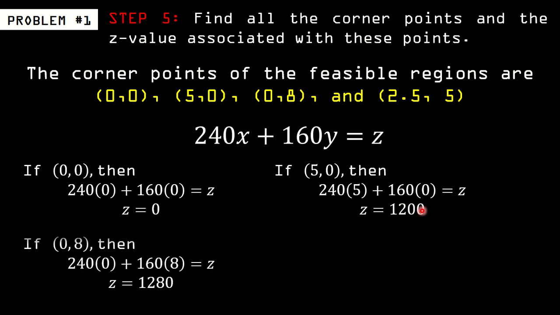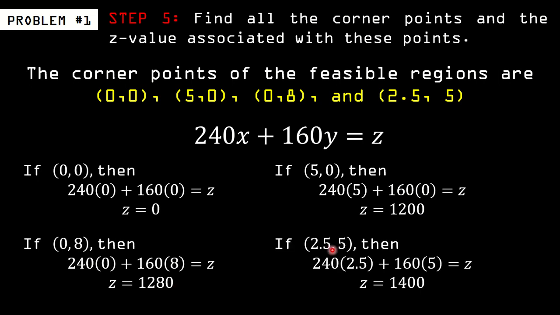The next is (0, 8): 240 times 0 plus 160 times 8 is 1,280. And lastly, for (2.5, 5): 240 times 2.5 plus 160 times 5, and identifying the product and the sum, we have 1,400.